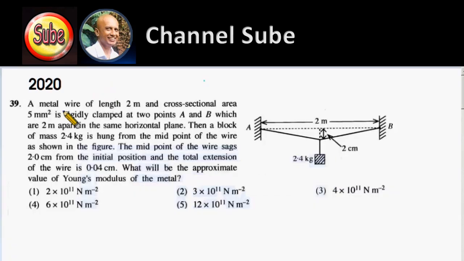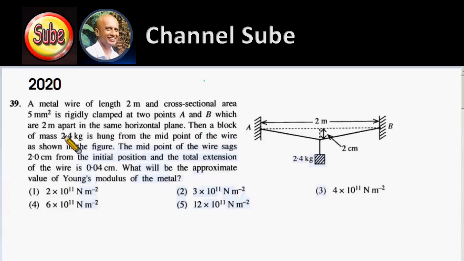So the question: a metal wire of length 2 meter and cross-sectional area 5 square millimeter is rigidly clamped at 2 points A and B, which are 2 meter apart in the same horizontal plane.